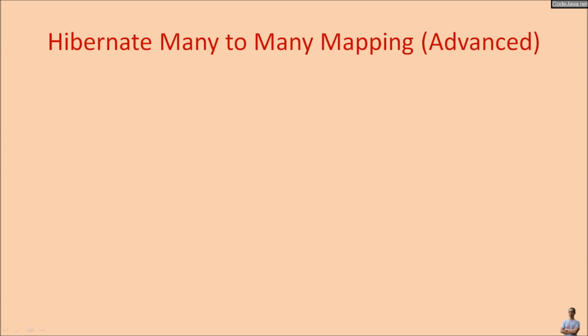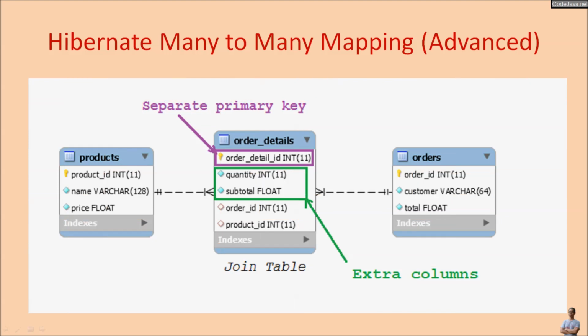And this is an advanced many-to-many relationship between two tables, products and orders. An order can contain one or more products, and a product can be in one or more orders.